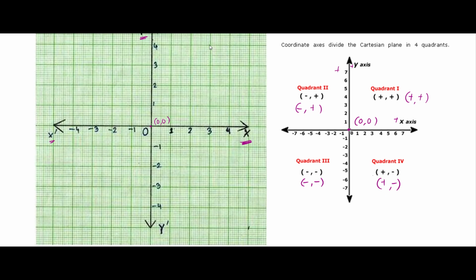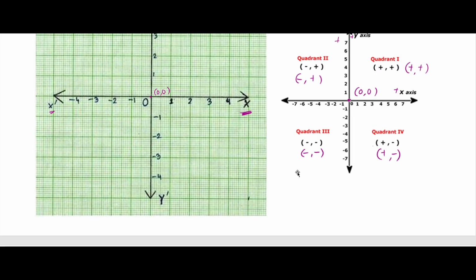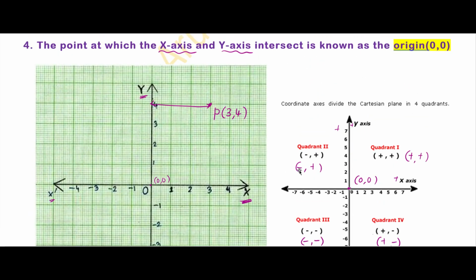Now students, consider a point P of 3, 4 in the first quadrant. The distance of this point from the y-axis is called the x coordinate or abscissa.